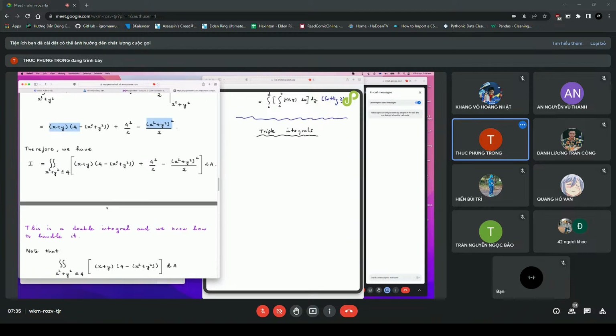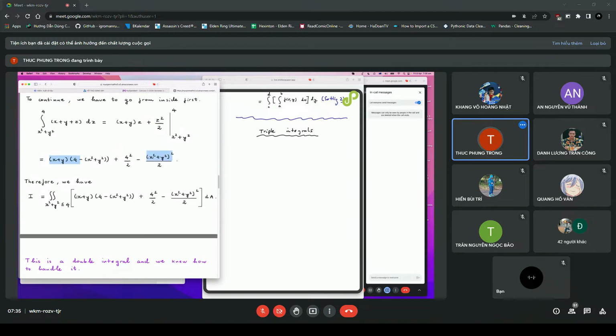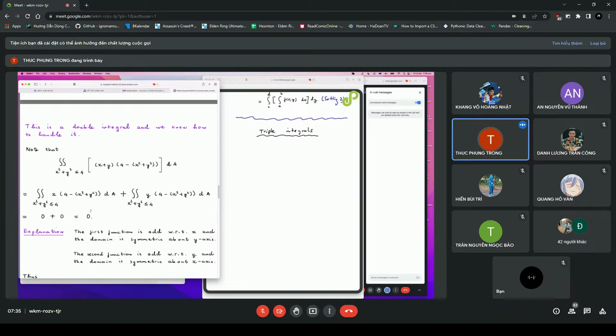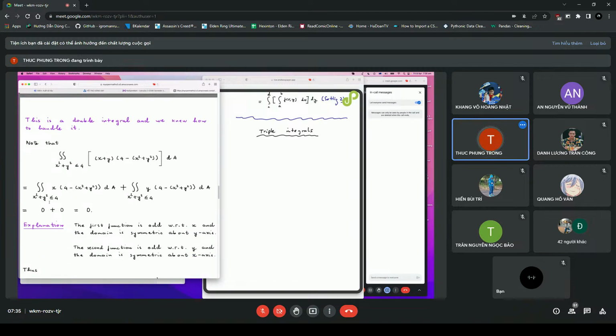But in this note, you can see we can save time a bit because basically when you integrate this function over the disk, you get 0. I also gave you y in this note. You can see basically it's an odd function with respect to x, and the domain is symmetric about the Oy axis. So this is 0.